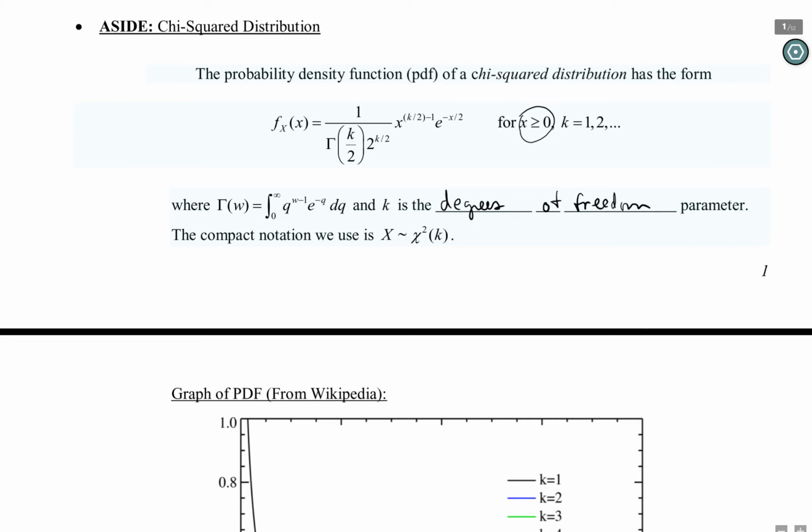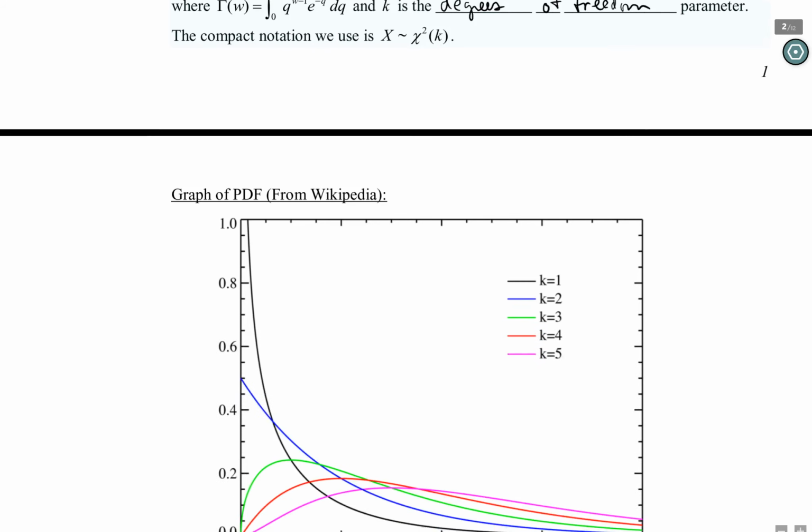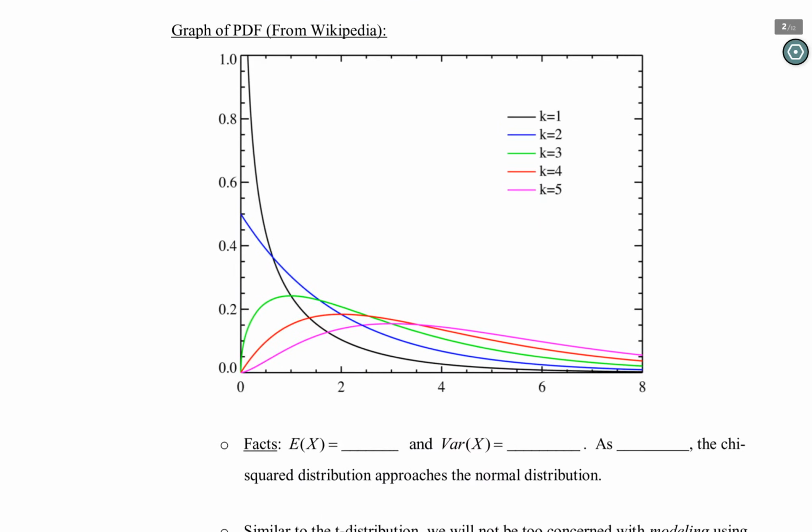Okay, so moving along, here's a graph of the chi-square distribution. This is from Wikipedia. It turns out that the mean of the chi-squared is the degrees of freedom, and the variance is 2 times the degrees of freedom.